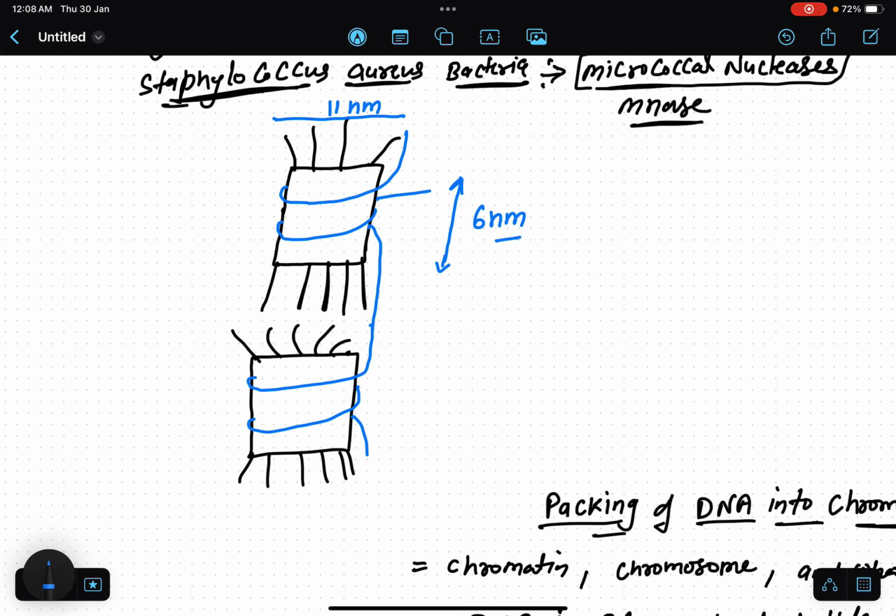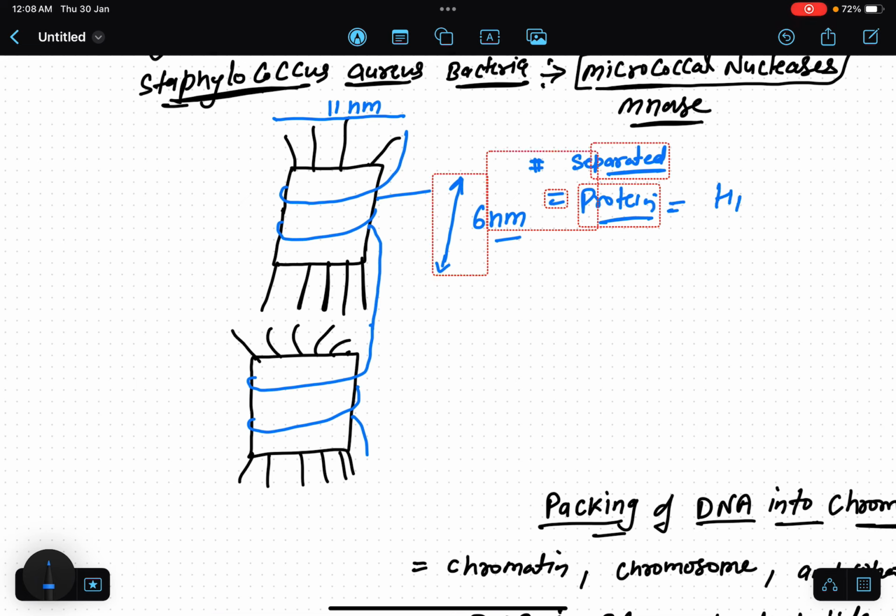Further studies show that by gel electrophoresis, the DNA and the proteins are separated, and then on further separation of the proteins, we found there are 4 types of proteins: H1, H2, H3 and H4.